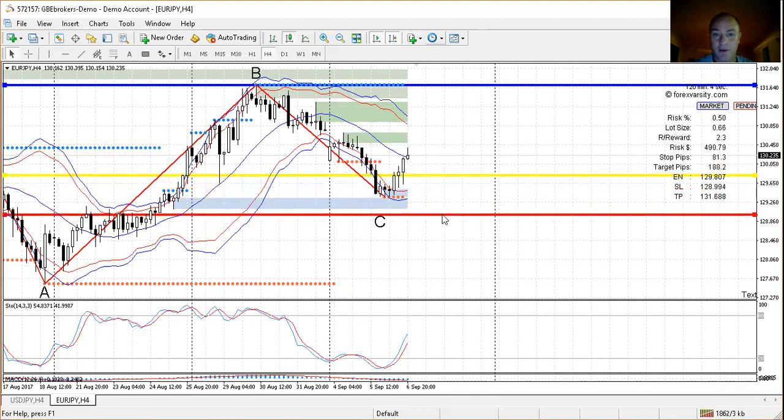If you've got your stop loss below your C point, just bear in mind that price can retrace back on a lower time frame up to the 61.8 fib.